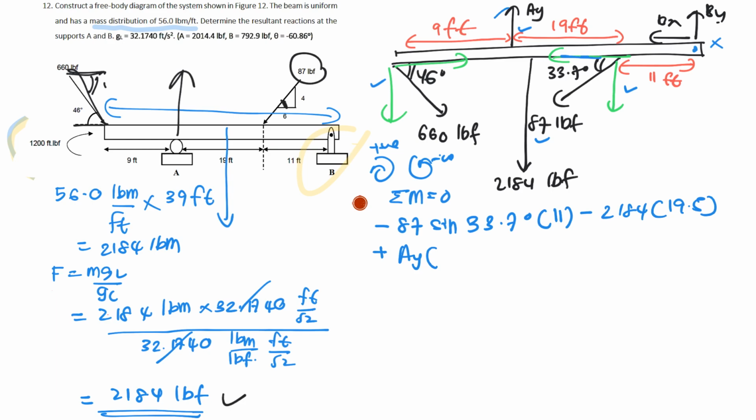What is the level arm? The level arm is 11 and 19, so it is 30. And the last one, the 660, anti-clockwise or clockwise? Definitely anti-clockwise, that's why you put negative here. Negative 660, sine or cosine? Sine 46 degrees.